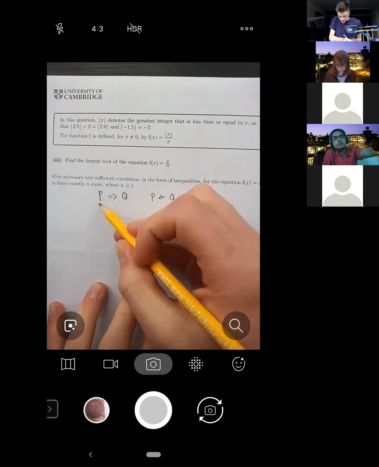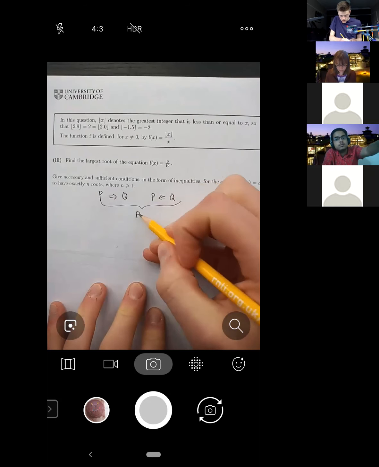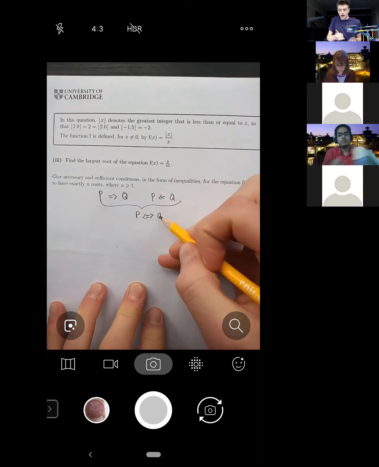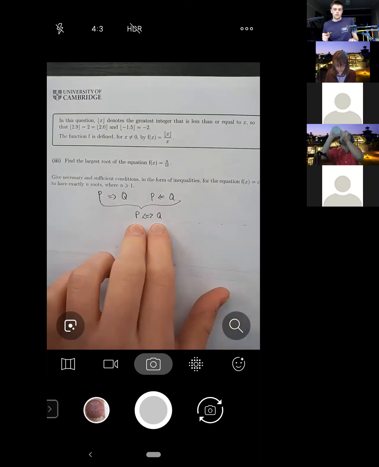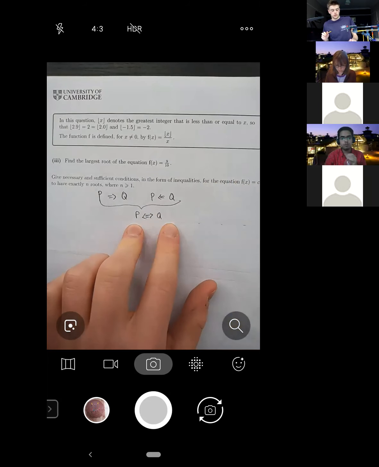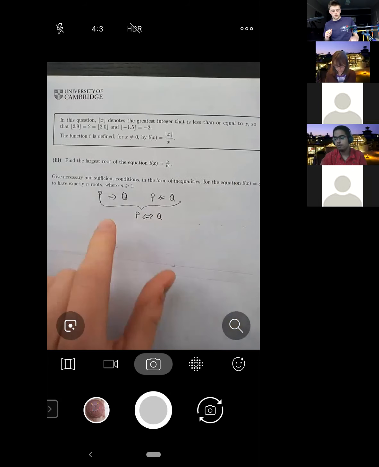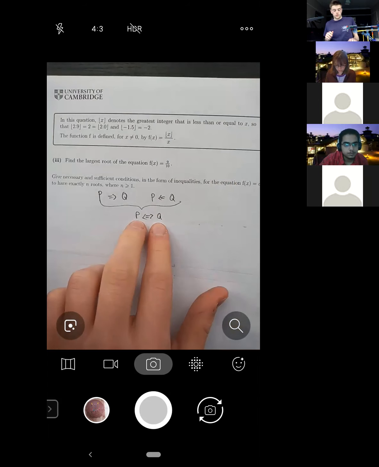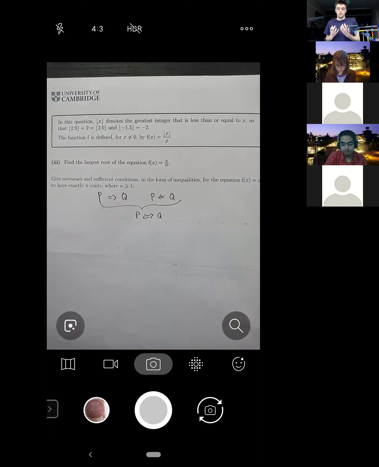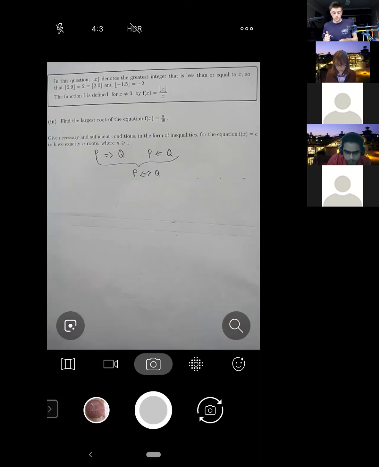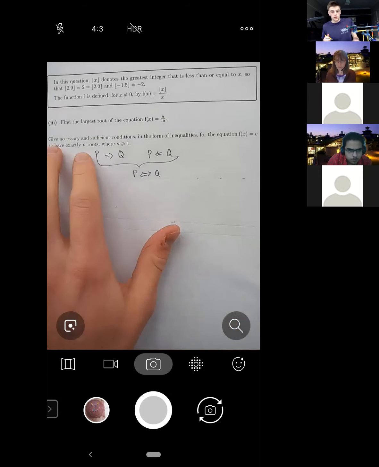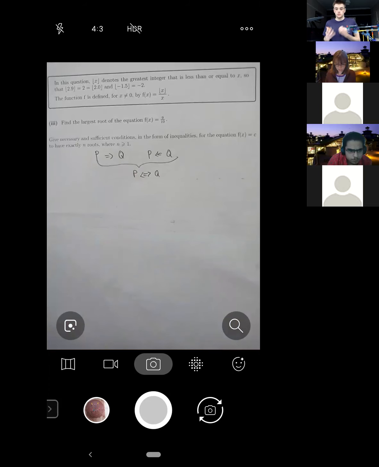So we can combine these into P implies Q and P is implied by Q at the same time. So now we say P if and only if Q. Okay, so this is saying that P and Q are equivalent statements. So in order to find necessary and sufficient conditions, it's helpful to look for an if and only if equivalence between number of roots and something else that's easy to work with.